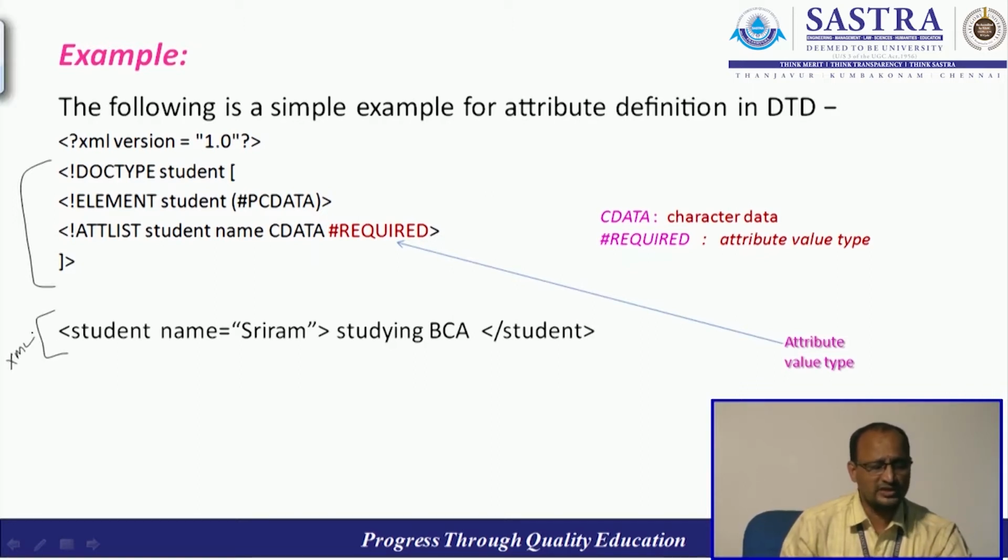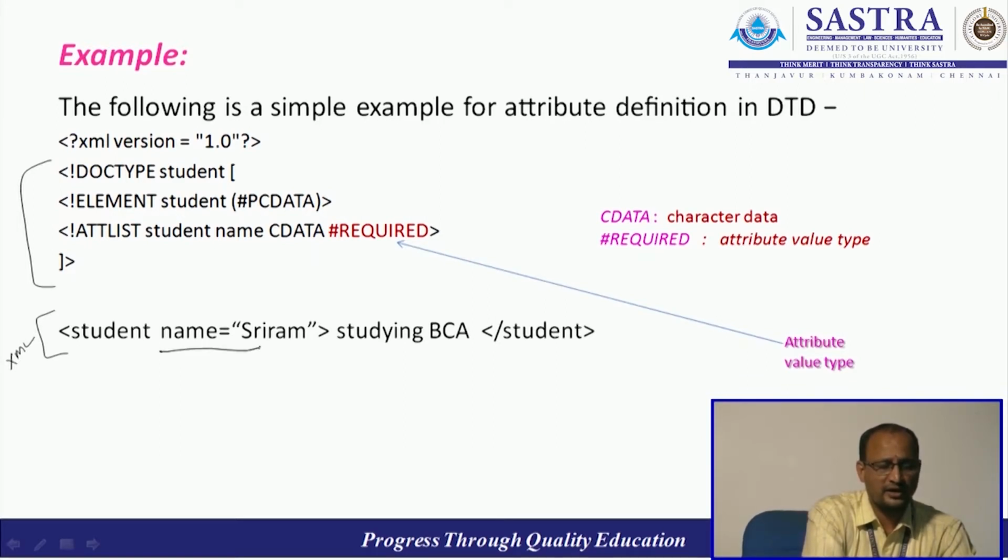This XML has a student element with an attribute name, and within double quotes, only double quotes are allowed, not single quotes, for the attribute. The attribute name is name and its value is Sriram. You can give any text for the attribute value.